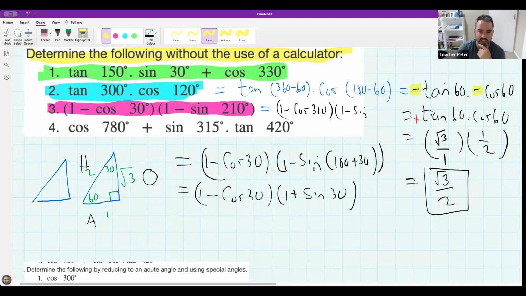Okay, this is going to catch a few people. Who can tell me why this becomes 1 plus sine 30? You can put it in the chat, or you can raise your hand and just tell me audibly. I want an explanation. How did this become positive? Goodness gracious, what's going on here? Who is willing to share their thinking with us?